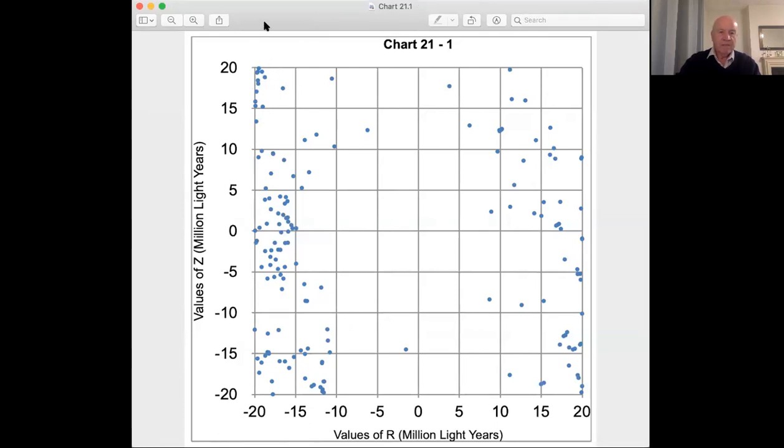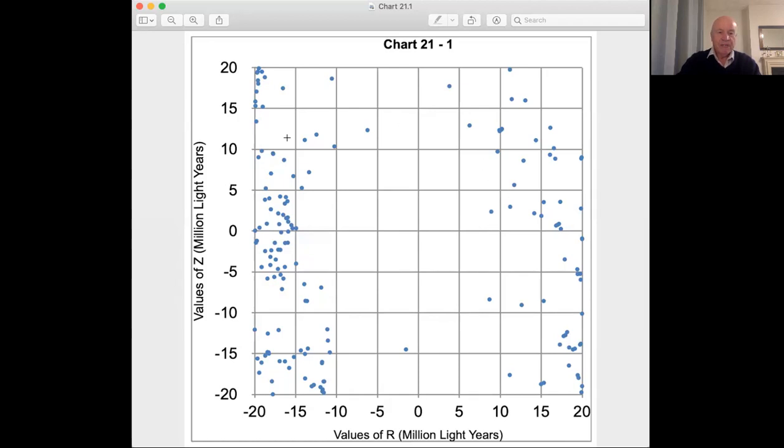And what this shows is the view of the galaxies within 20 million light years of the center of the universe. So this point here is the center of the universe. And you can then identify this galaxy here as the closest galaxy to the center. So this is the first galaxy to form. And this is at around 9 million light years from the center.